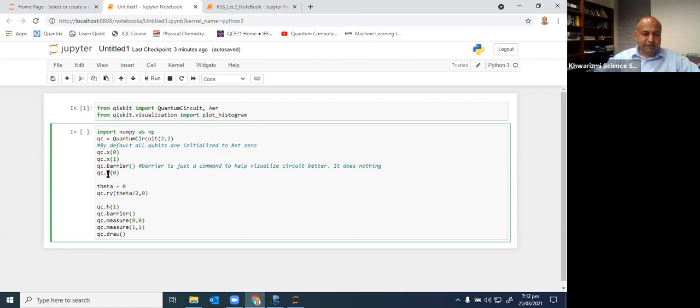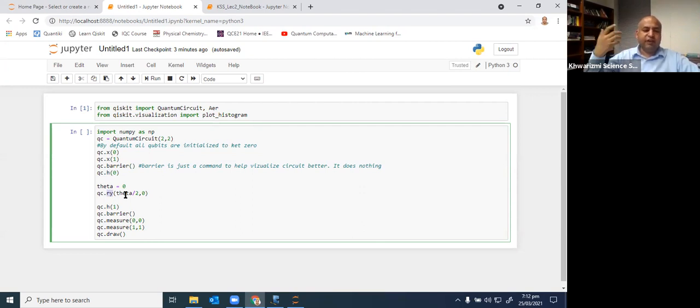Now the Hadamard gate is applied with this .h symbol, and I'm applying it on bit 0. And I also have a rotation around the y axis gate. So this I didn't talk about when I was talking about gates, but general rotations around the x, y, z axes are also available.